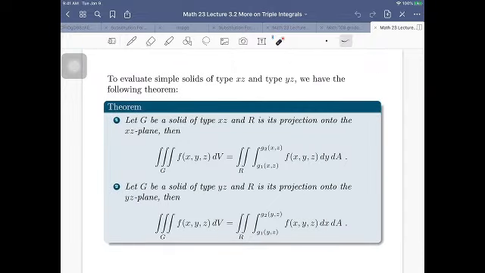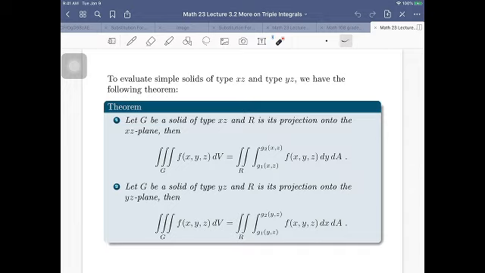Okay. So how do you evaluate solids of type xz and solids of type yz? Solids of type xz would be a double integral again over R dA, but this R is on the xz plane. That means that the innermost integral will be an integral with respect to y.